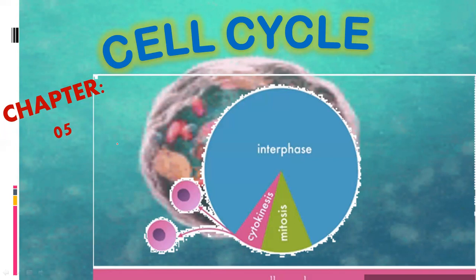Omnis cellula e cellula. Like the new cells arise from the existing cells. So how the old cells divide into new cells is actually the basis of life, the basis of the survival of any species on the earth.